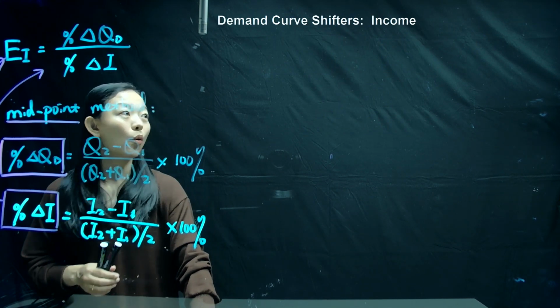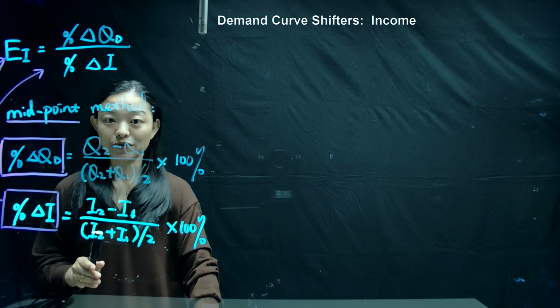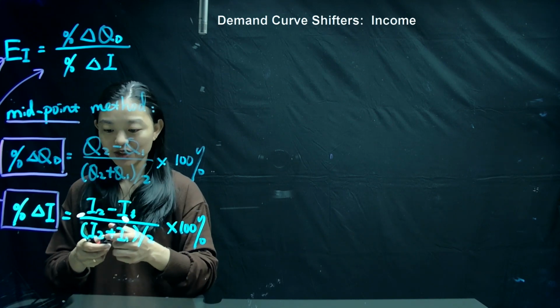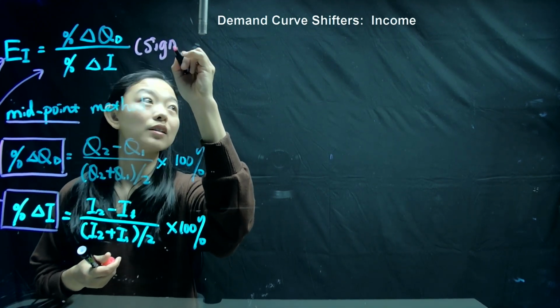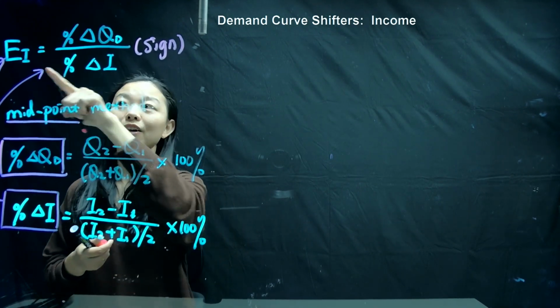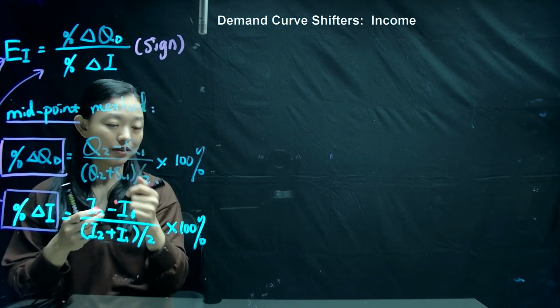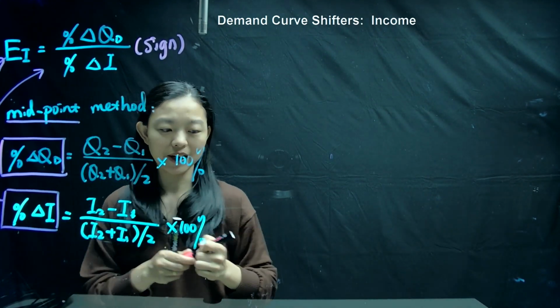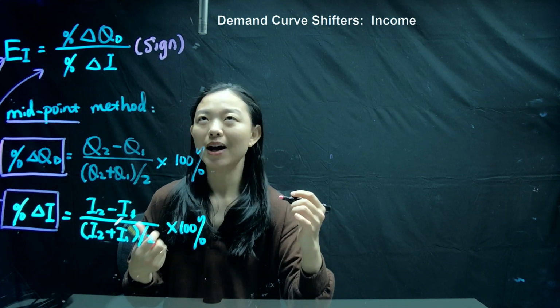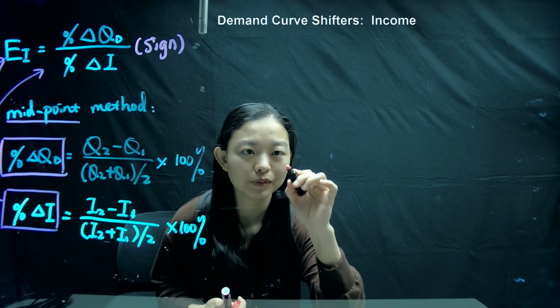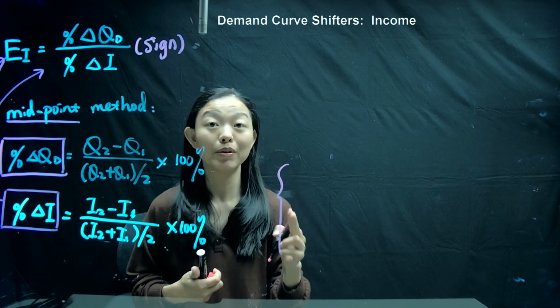One thing I want to emphasize is that for income elasticity, the sign is very important. When we talked about income in chapter 4, we mentioned there are two types of products.